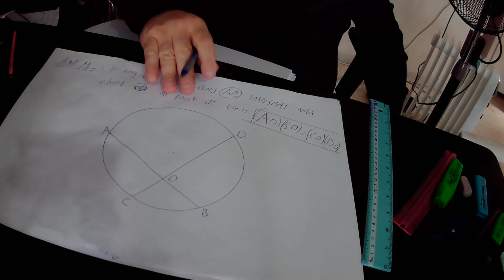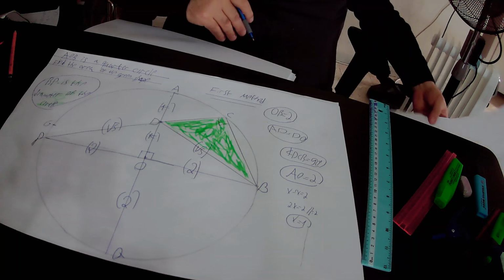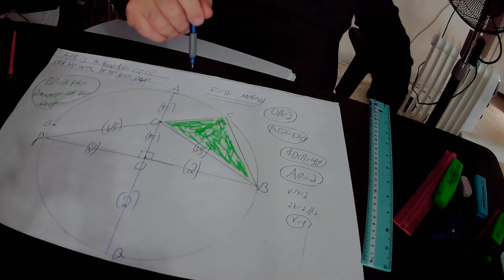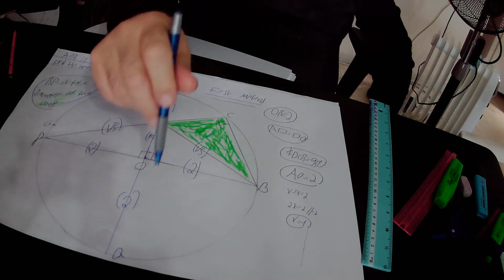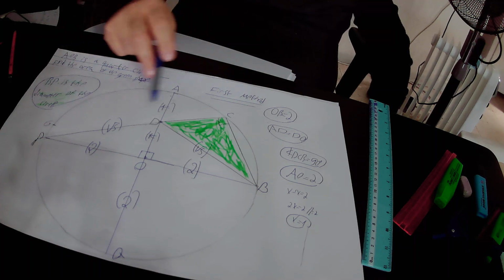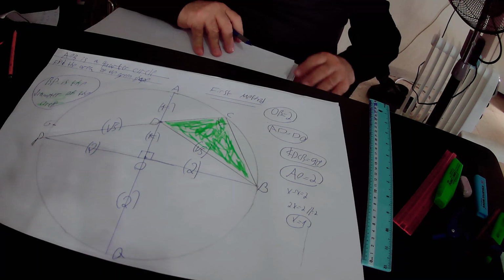Okay, we can implement rule 11 in our drawing. Why? Because in our drawing we have chord AQ, this is chord AQ, that intersects with chord CP, this is chord CP at point D. So write it down.